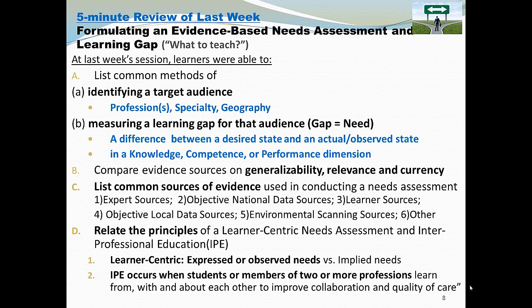We looked at measuring a gap for that audience, which is how we really drill down to a need. We defined that as a difference between a desired state of practice and an actual or observed state of practice. It can be along the axis of knowledge, competence, or performance.